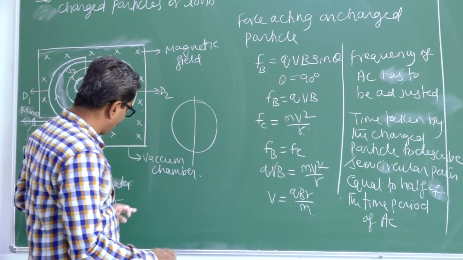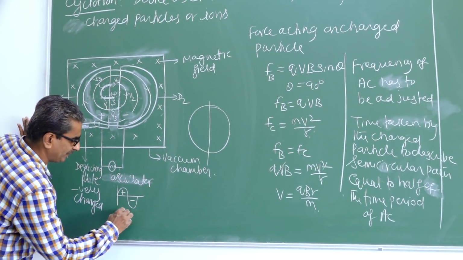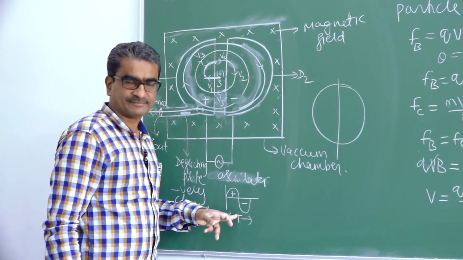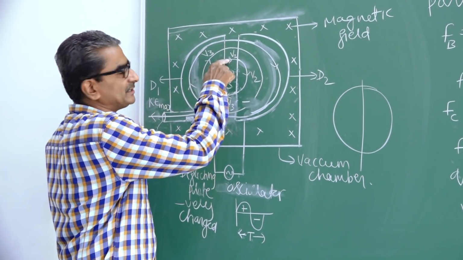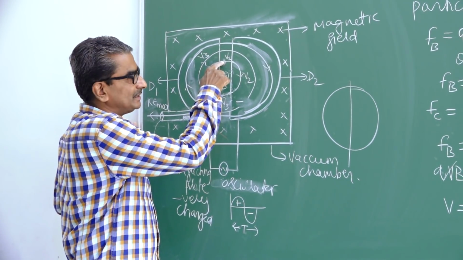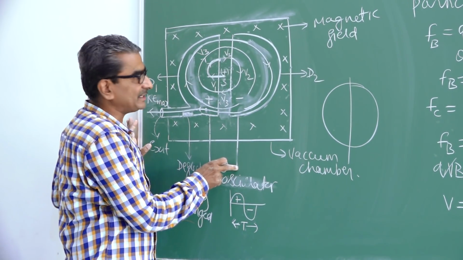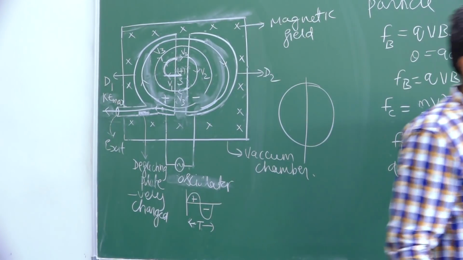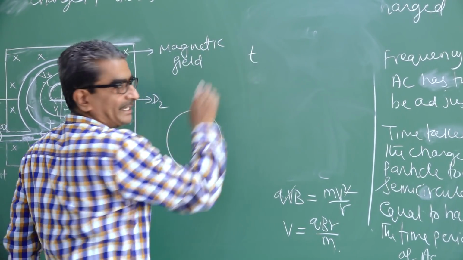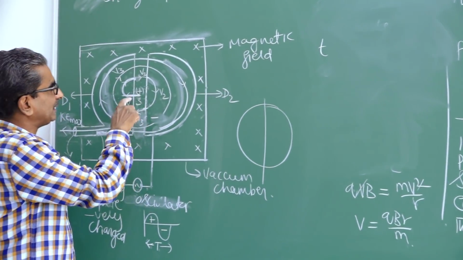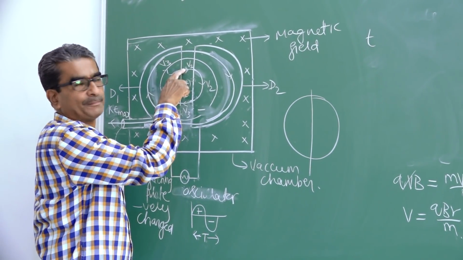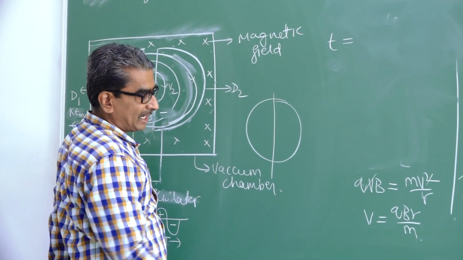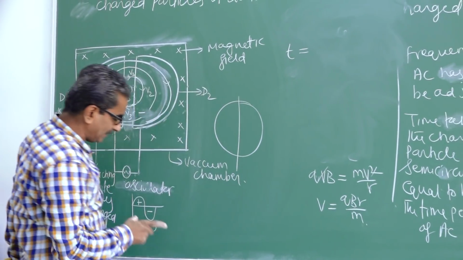Suppose the time period of AC for one complete cycle is T. Then to describe the semicircular path, adjust the frequency in such a way that the time taken by the particle to describe the semicircular path should be equal to half of the period of AC. What is the period of AC?